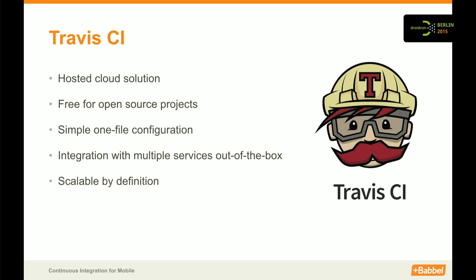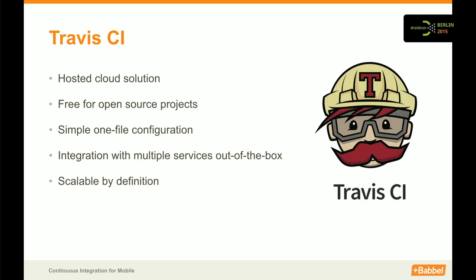And then it gives easy integration with multiple services out of the box, Atlassian tools, GitHub, and all the things that you need to get all the feedback right away with the tools that you are already using within your team. And of course, since it's a cloud solution, it's scalable by default.